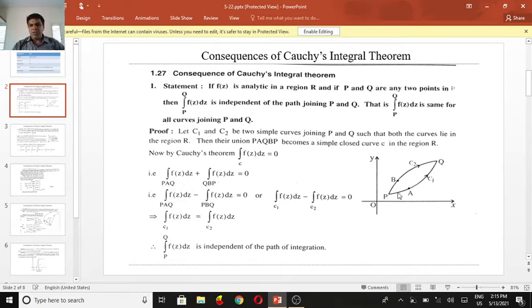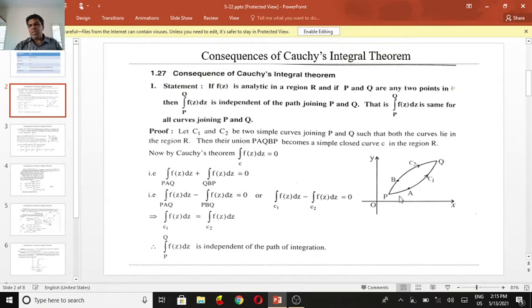So, see the path. The integral over PAQ of f of z dz plus the integral over QBP of f of z dz equals 0, by the Cauchy theorem, splitting the closed curve into C1 and C2. If we change the direction, instead of QBP we take PBQ, so it becomes negative. So the integral over PAQ of f of z dz minus the integral over PBQ of f of z dz equals 0.